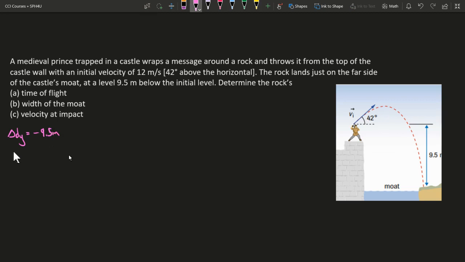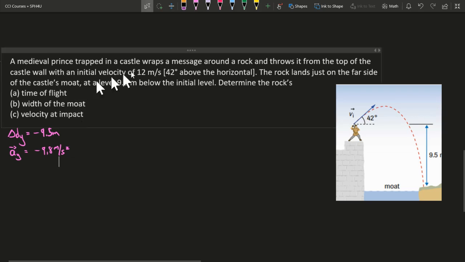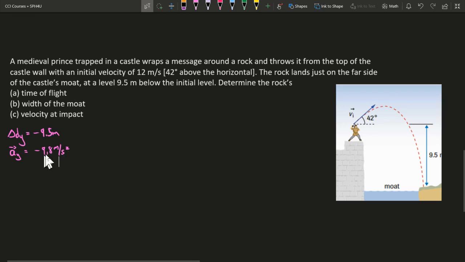And we also know that my acceleration due to gravity, I could write g, or I could write a y, acceleration in the y direction. I'll write that this time so we can get used to both notations. That's negative 9.8 meters per second squared. This is a medieval prince, so medieval Earth had an acceleration equal to today's acceleration.